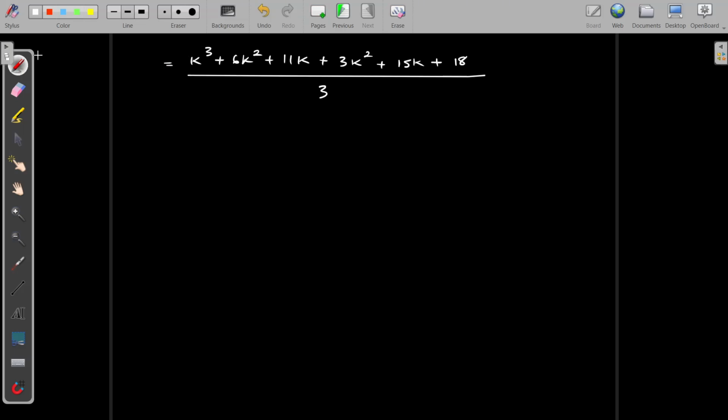Alright, so from here, let's combine our like terms. So that's k cubed plus 9k squared plus 26k plus 18 all over 3. Let's factor k.